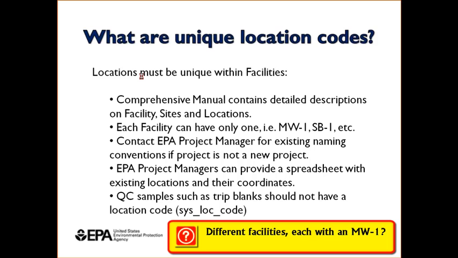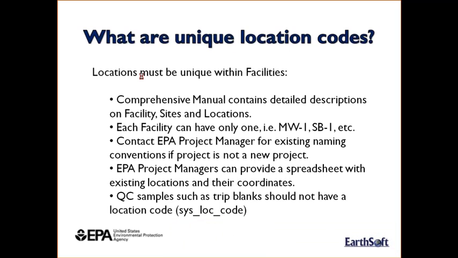The data coming in from this other source, you'd need to have a different identifier for that location code. If it was a facility, you could use the initials, where you could say MW1 underscore the initials of the facility, but it would have to be unique. You could not put in another MW1.